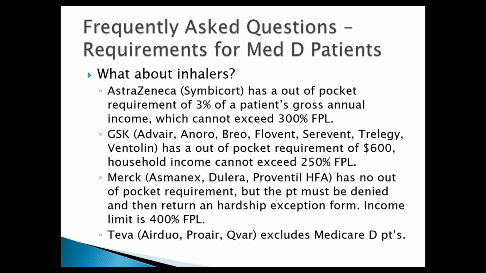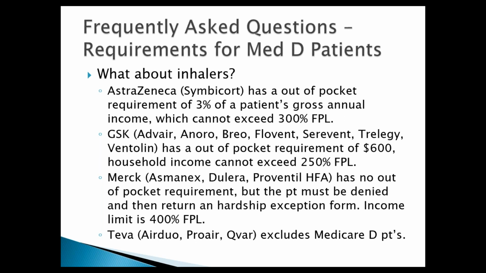The other one that I get a lot of questions about is inhalers, and almost all of the inhaler programs require some sort of out-of-pocket spend. AstraZeneca for Symbicort has a requirement of 3% of the patient's annual income.